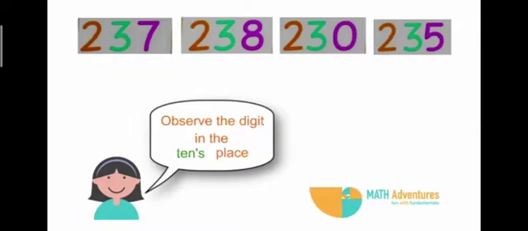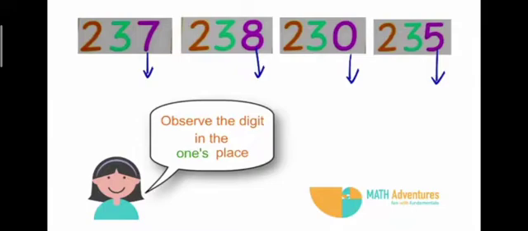So let's check for tens place. Here, again, in all the four numbers, we have 3 at tens place. So, what do we have to do next? Yes, we have to check for ones place also. So, at ones place, we have 7, 8, 0 and 5.